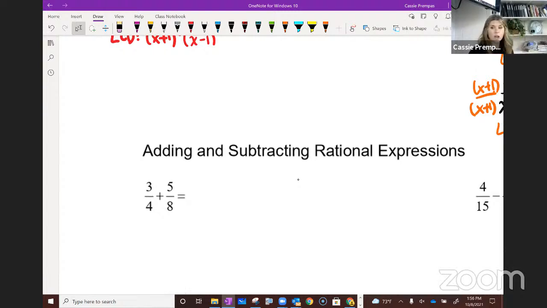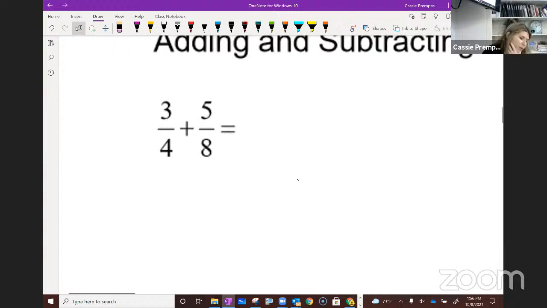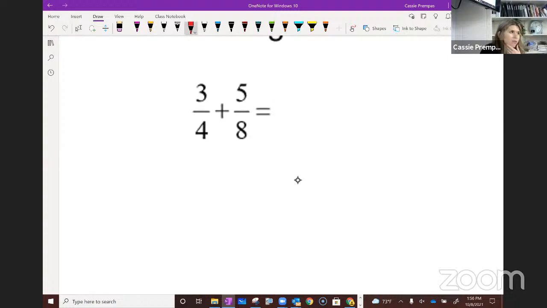All right, let's move on to reviewing how you add and subtract basic fractions, so that we can start adding and subtracting some of the ones with variables. If I was to ask you, add 3/4 plus 5/8, hopefully you know you need a common denominator. What's the least common denominator between 4 and 8? 8. You could have said that because 8 is really 4 times 2.